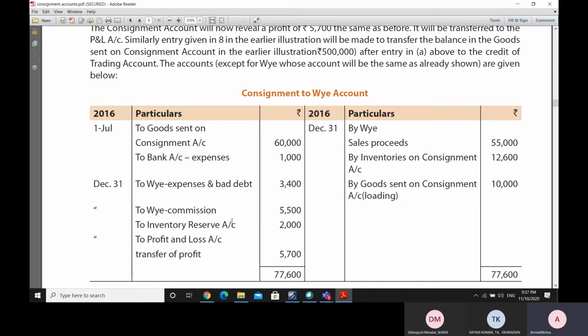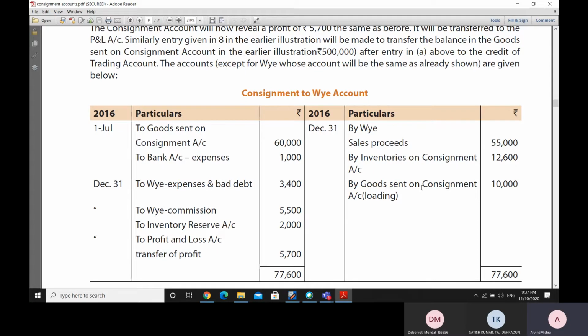So in other words, we are creating the reserve, and by creation of the reserve, we are debiting the consignment account to be able to calculate the real profit on the consignment.